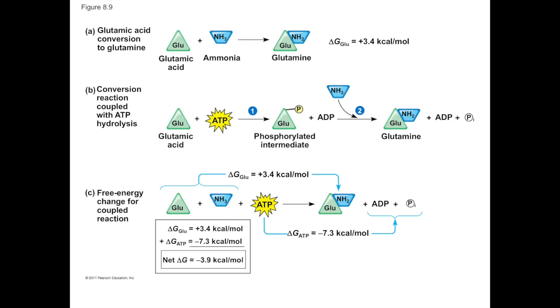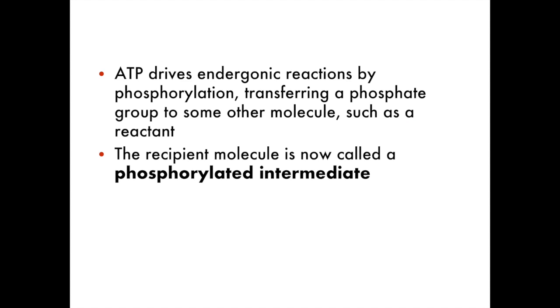So let me give you an analogy, something you probably understand after this slide. So ATP drives endergonic reactions by phosphorylating, transferring that phosphate group to another molecule, making a phosphorylated intermediate. Now that phosphorylated intermediate has more free energy because it's got that phosphate group on there.